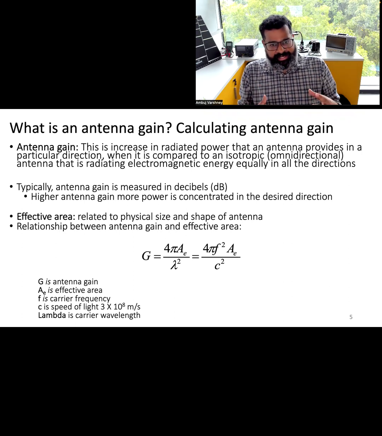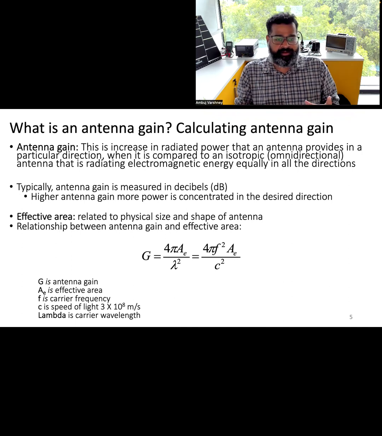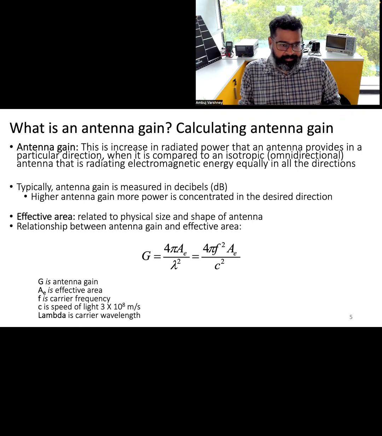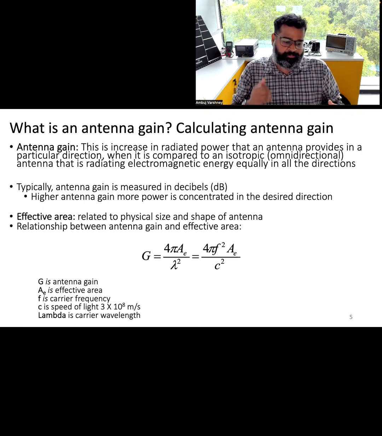So yes, an antenna's gain also depends upon the frequency of the radio waves that you are using it for. If you take an antenna that is designed for, let's say, the 2.4 gigahertz frequency band or a 900 megahertz frequency band, it might not perform as well at lower or higher frequencies than the one it has been designed for.